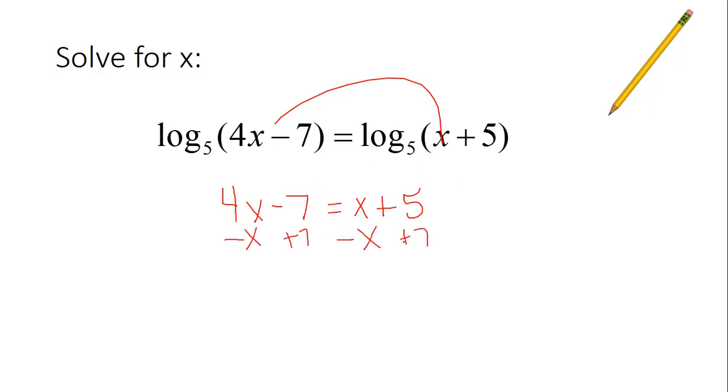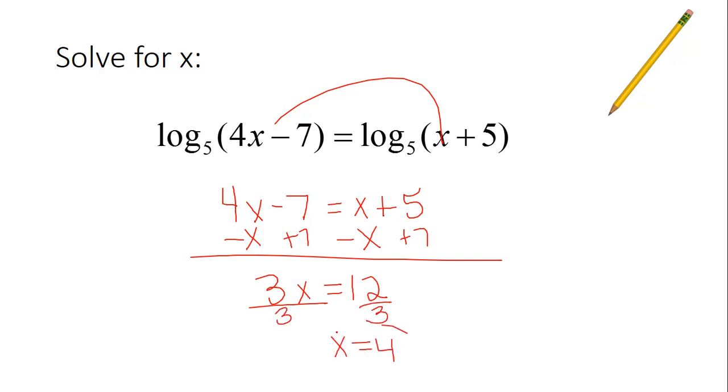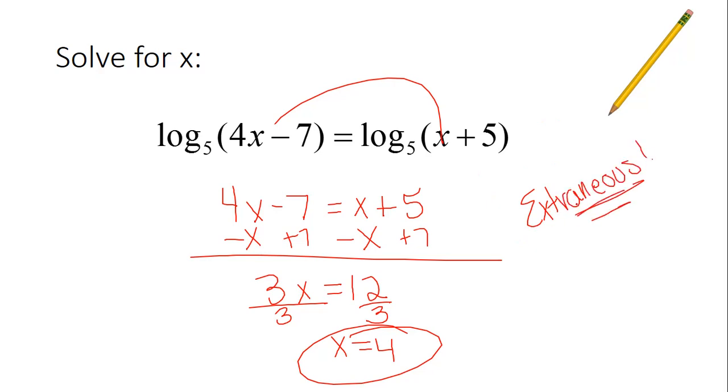Do some quick math here. So I get 3x equals 5 plus 7, 12. Divide by 3, and I'll get x is 4. Now, something with logarithms, you do need to check for extraneous solutions, okay? Stuff happens. You do need to plug in, because with logs there is a domain issue.